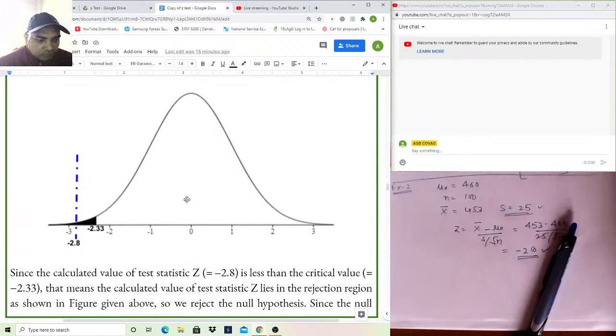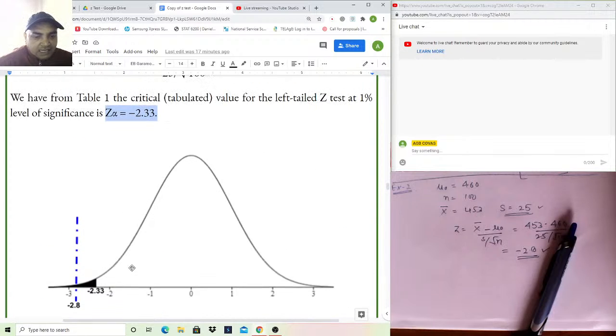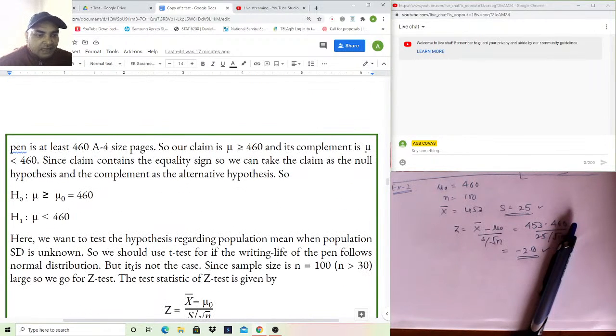Your critical value is minus 2.33, and your calculated value is minus 2.8, which lies in the rejection region. So at 1% level of significance, the purchaser can reject the company's claim that this pen can write 460 A4 pages.